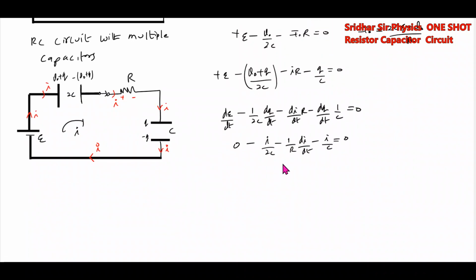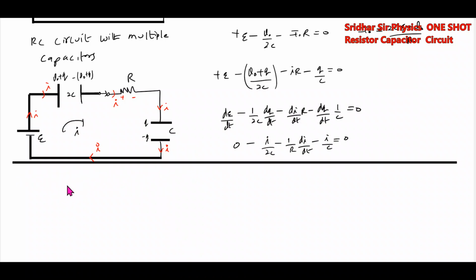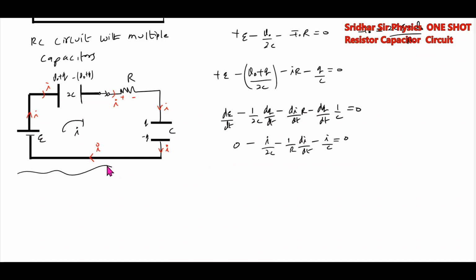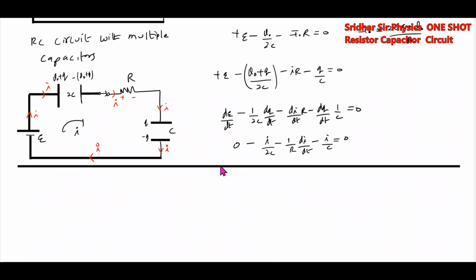I'll put the bounds here, it will be easy for you. Now further simplification will be 3I by C equal to R di by dt, with capital R here.